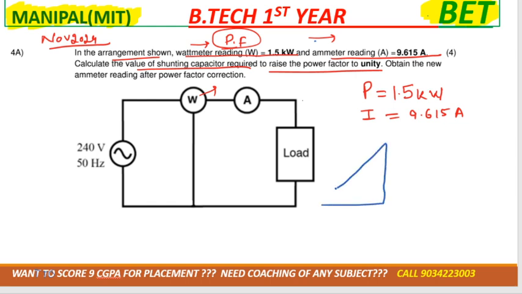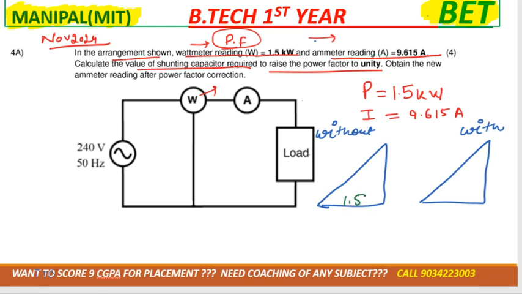So as I told you, in these kinds of questions, we have to draw two power triangles. One is without improvement, one is with improvement, and in both the cases active power is the same. So in this case also 1.5 kilowatt, and in this case also 1.5 kilowatt. And after improvement, they said the power factor is unity. Unity means 1.